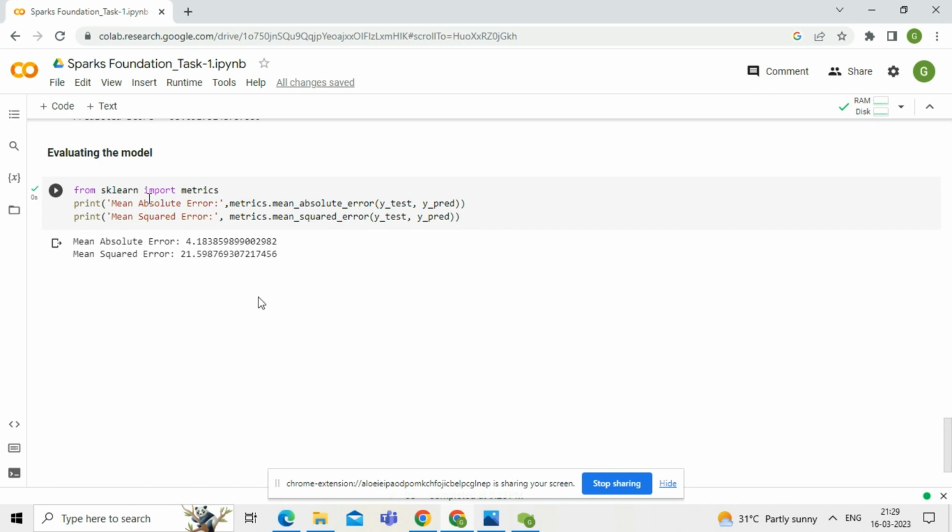Then I have imported the metrics to calculate the mean absolute error and mean squared error. The mean absolute error and mean squared error are obtained as follows between the y-test and y-pred, that means the testing data and the predicted data. The error is very small, so we can say that the model is successfully making the predictions on the data.